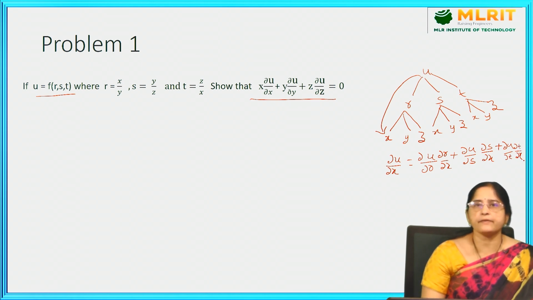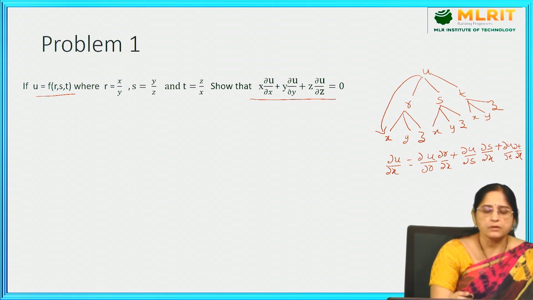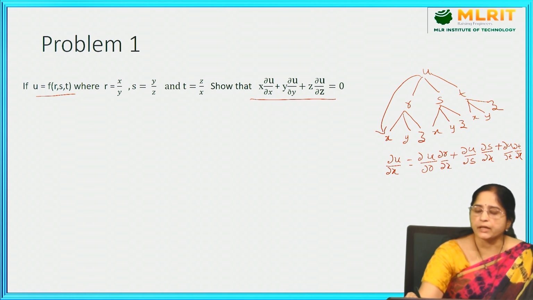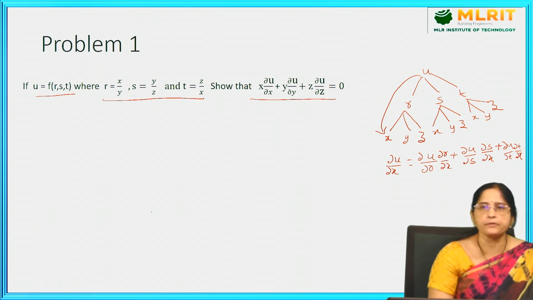So similarly we can write dou u by dou y and dou u by dou z. Before that we need dou r by dou x, dou s by dou x, dou t by dou x. That means first we find the partial derivatives of these values.